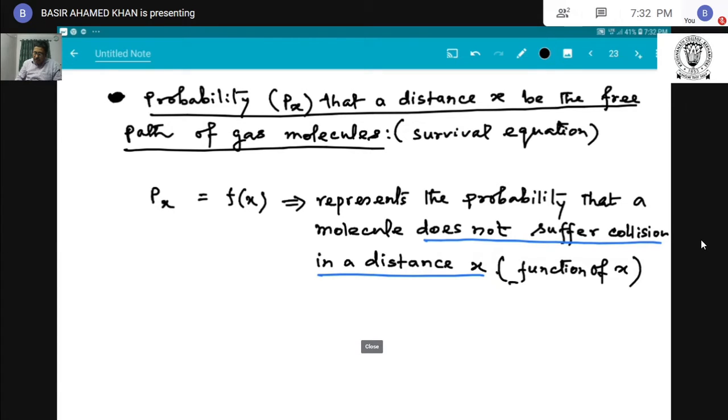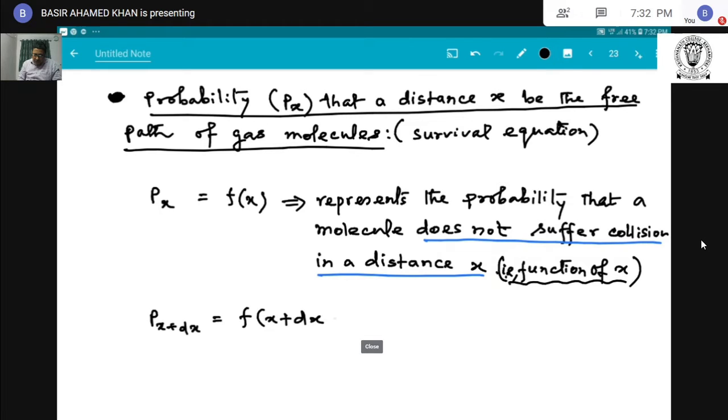It should be the function of x. That is the function of x. That's why I write px equal to fx. Now the probability of crossing a distance x plus dx without any collision equals the function of x plus dx.